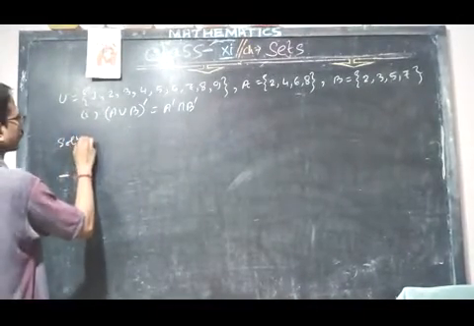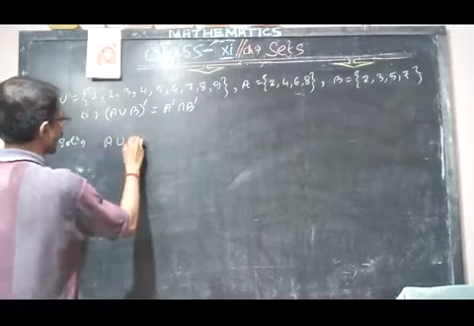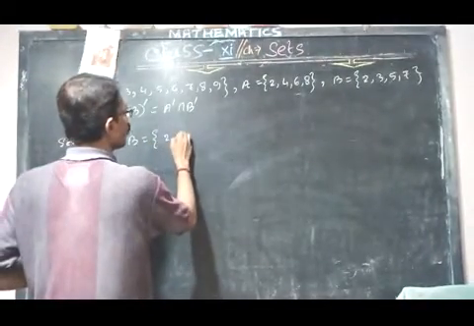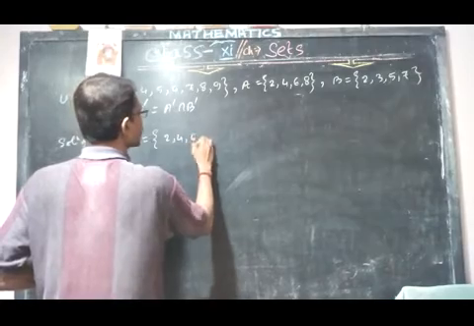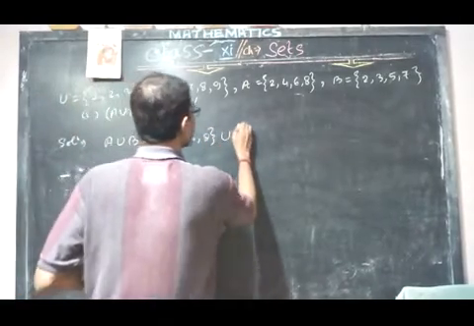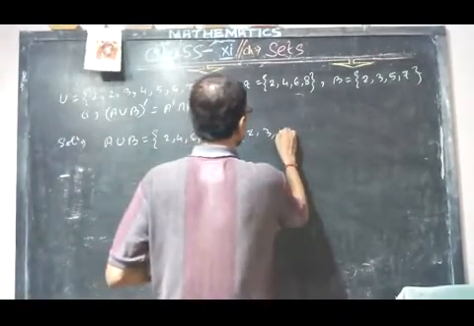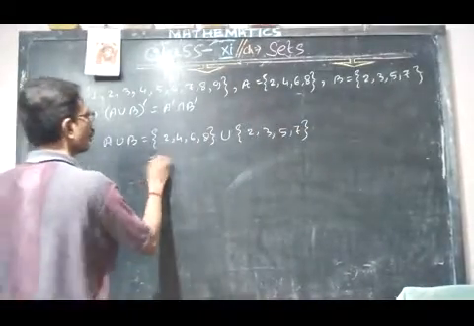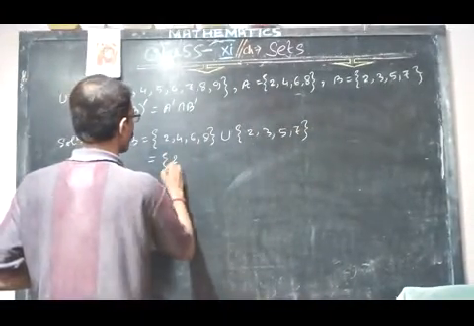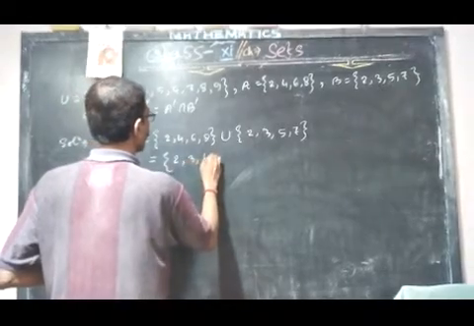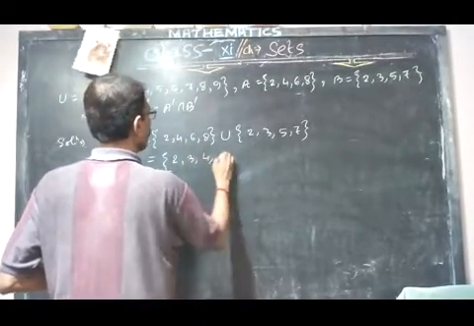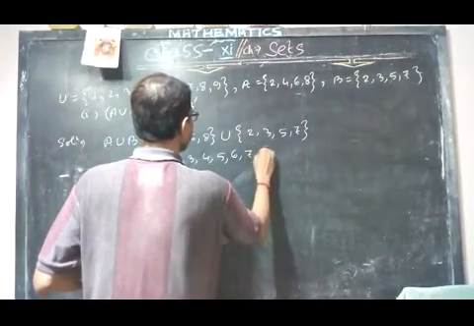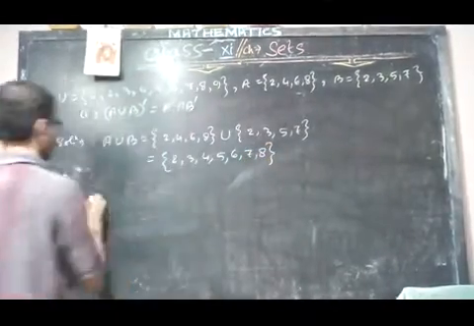Solution. A union B equals 2, 4, 6, 8 set A union 2, 3, 5, 7 set B, so the union is 2, 3, 4, 5, 6, 7, 8.